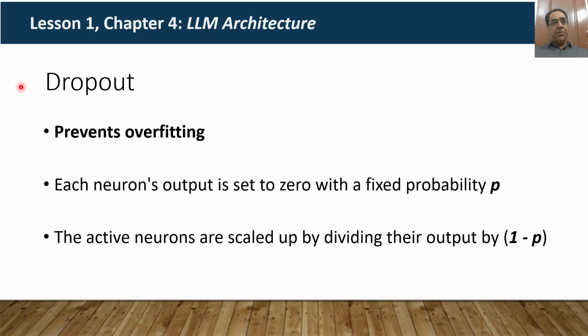This is because we want to ensure that the total output magnitude of the layer remains approximately the same during training as it will be during inference when all neurons are active. Note that the dropout mechanism is only active during the training phase. It's disabled during inference when the model is generating text.